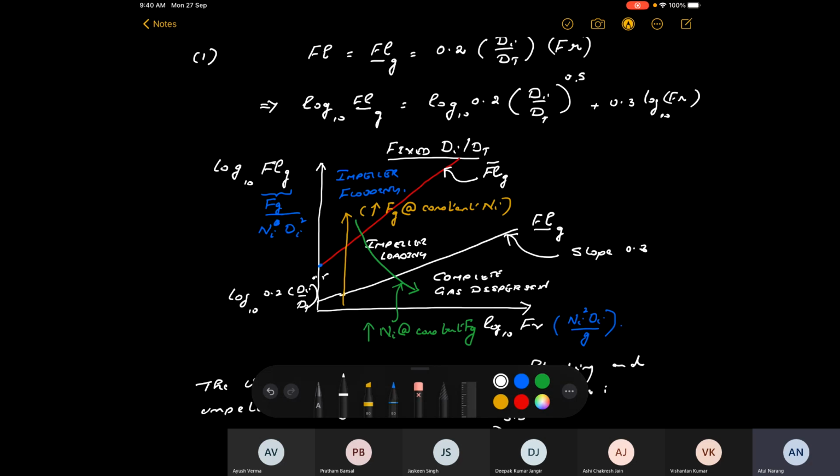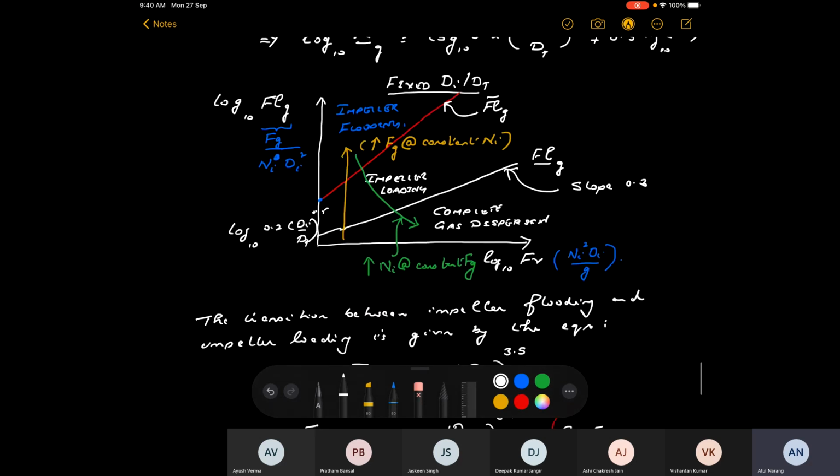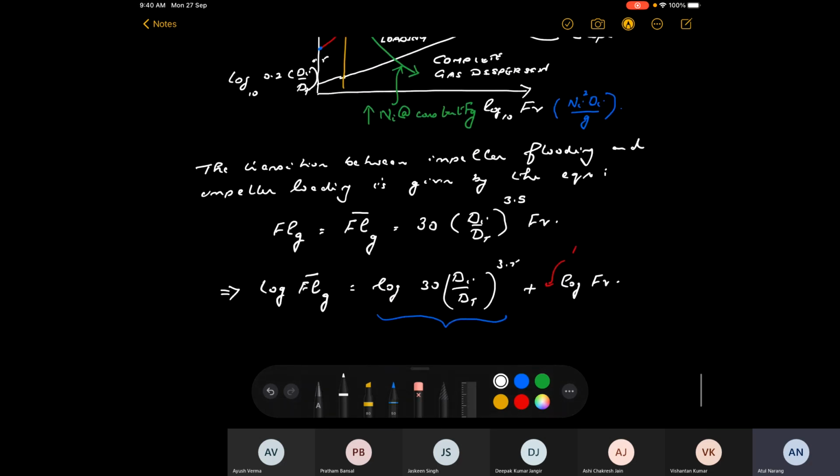Similarly, there is another formula given for the upper limit, which I call FL over bar G, that defines the flow number at which the transition from impeller loading to impeller flooding takes place. And that is given by this formula over here.